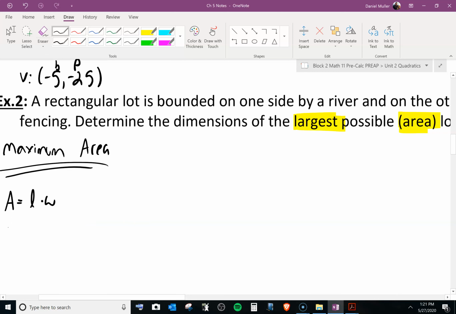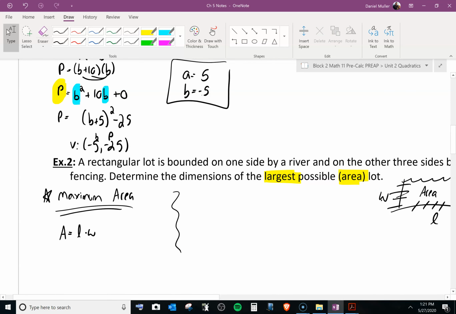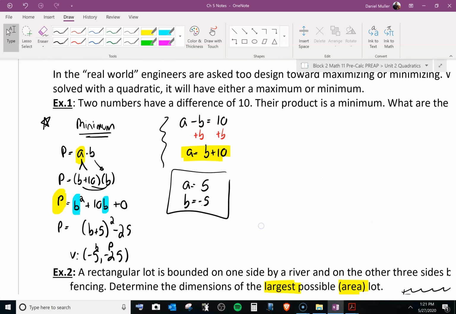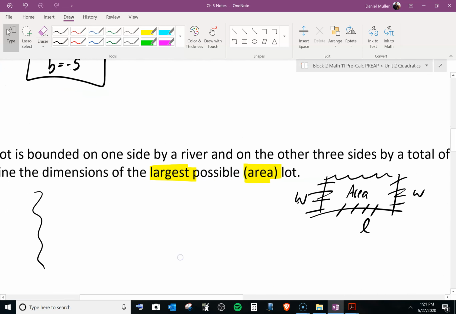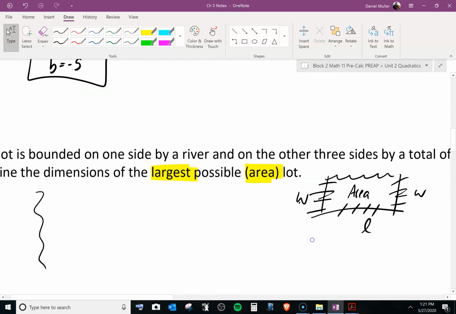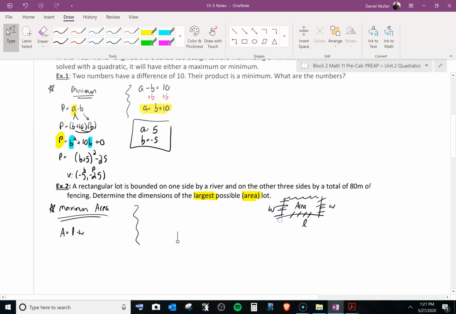So hopefully there's a formula or something they can give us that will help us to get rid of one of these letters. So in the last question, they said the 2 numbers have a difference of 10. So I wrote that down. Here, it said that we've got 80 meters of fencing. I zoomed in, zoomed out.